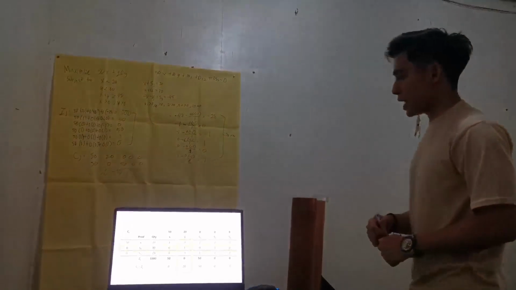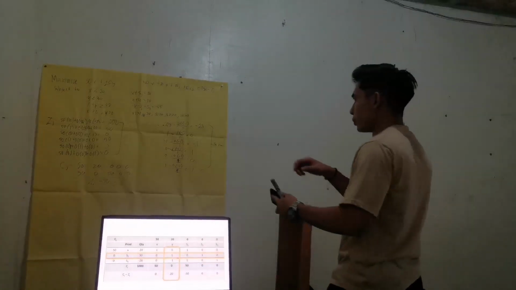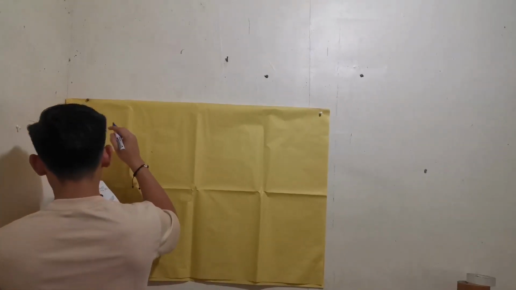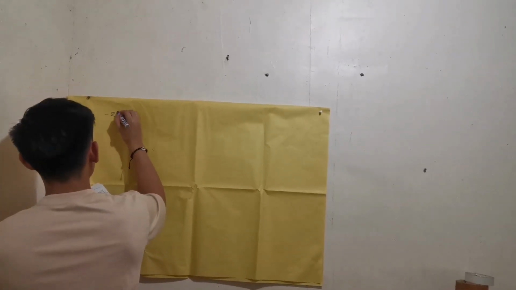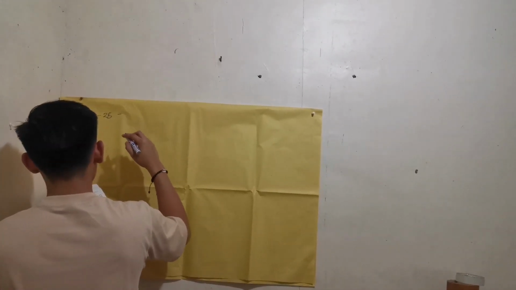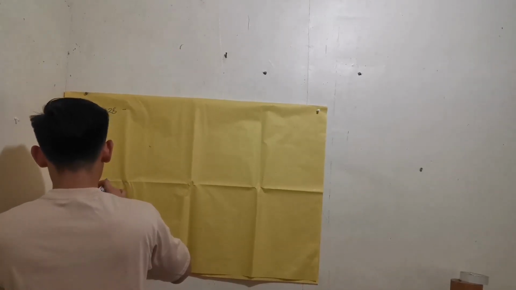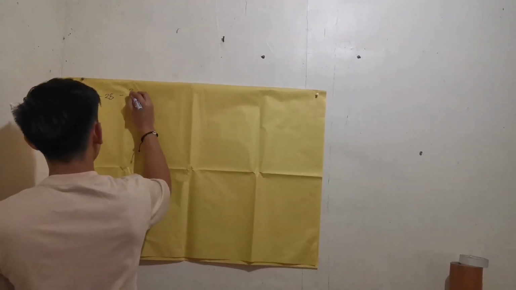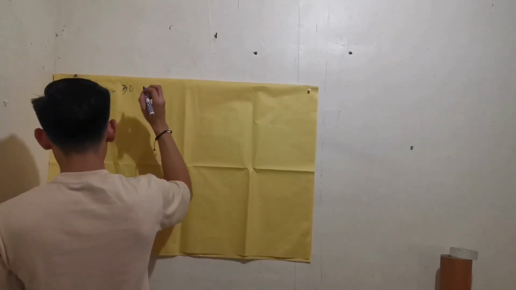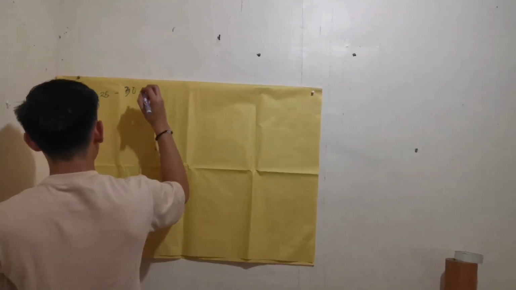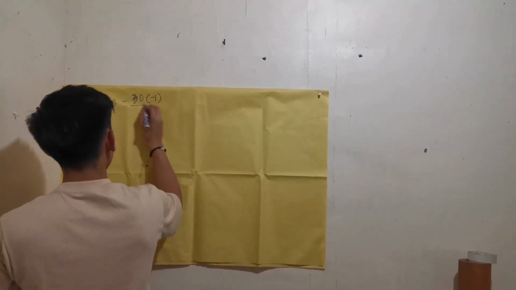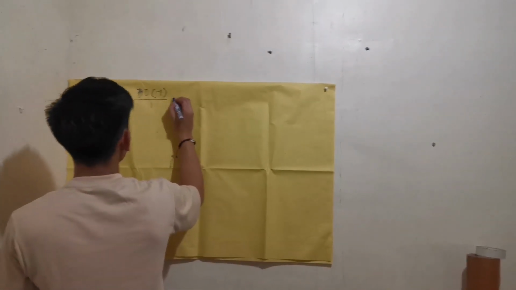To change that, this is the formula: the element in the old row, which is negative 28, minus the associated element found in the pivot row, which is 30, times the element found in the pivot column, which is negative 1, all over the pivot element, which is 1.